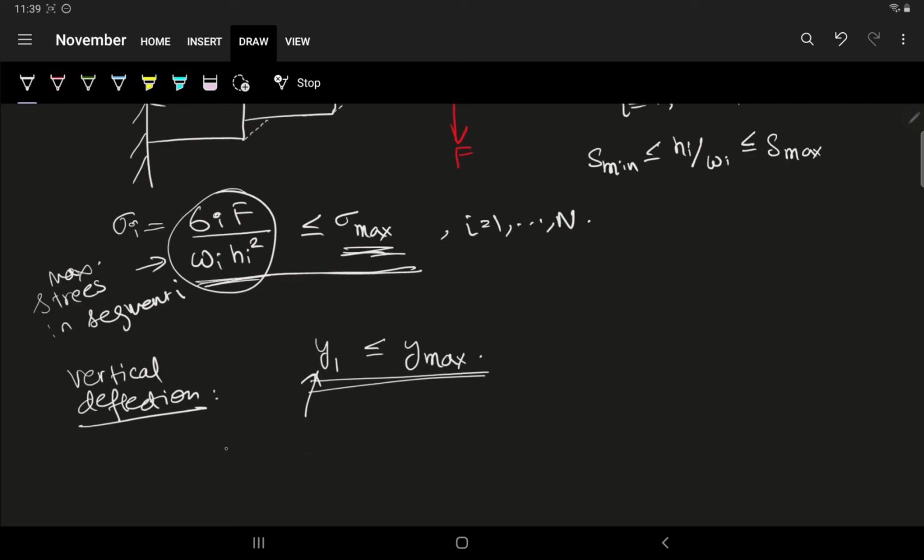We start with an equation: vi, which are the slope quantities, and yi's are the deflections for each segment. So vi is equal to this, where F is the force we are applying, and E is the Young's modulus.